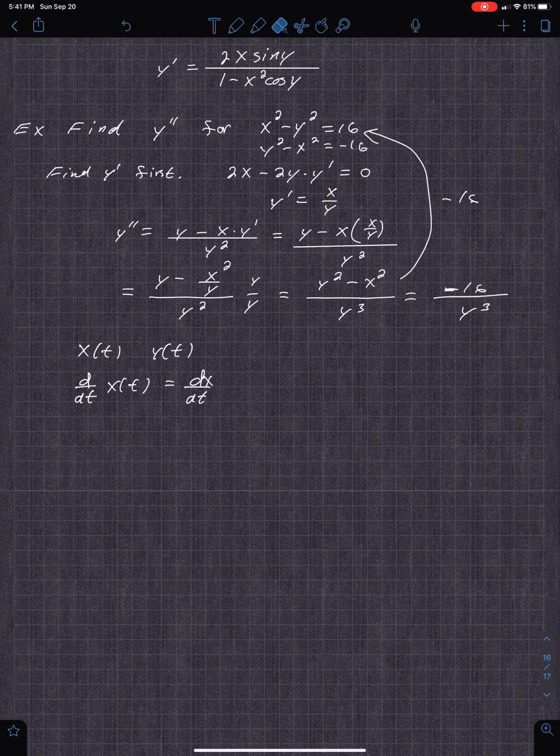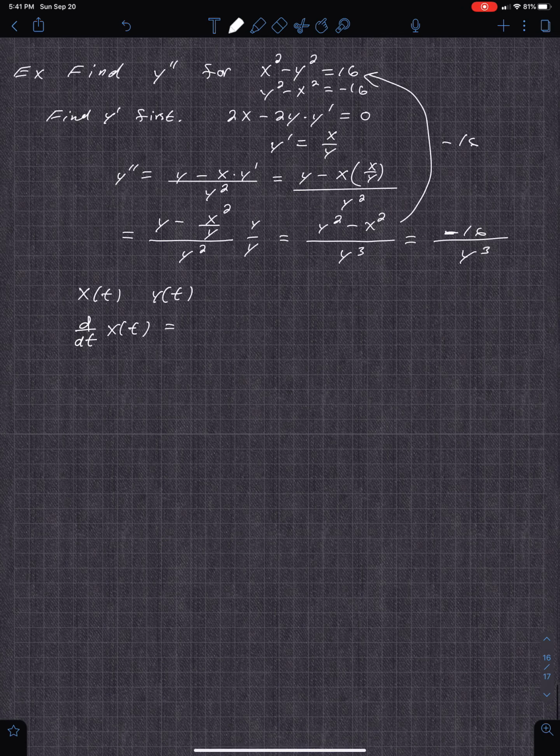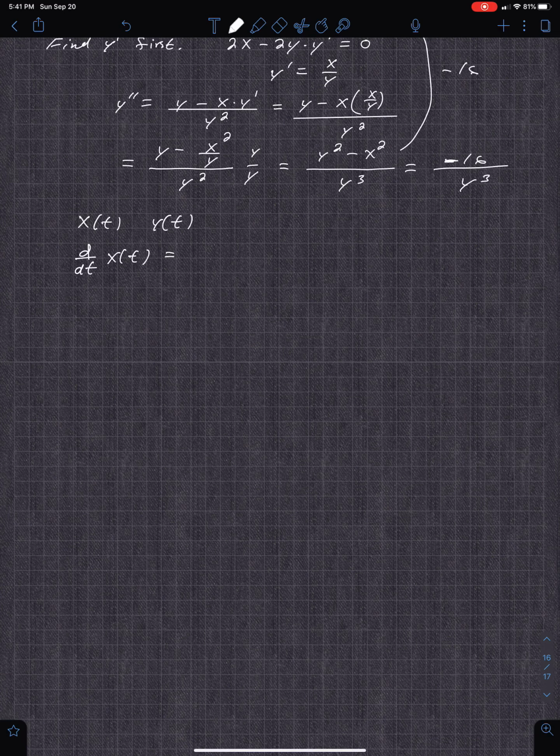Well, you got to do its derivative. So if you had something like this, let me erase that. So when you do that, you're basically going to do the derivative of x and then dx/dt. So it ends up being the chain rule on it.